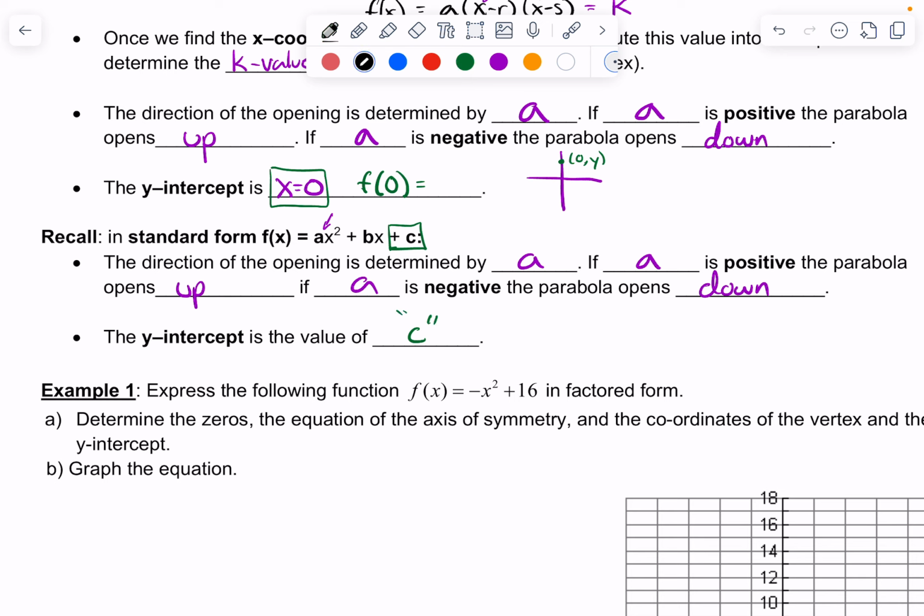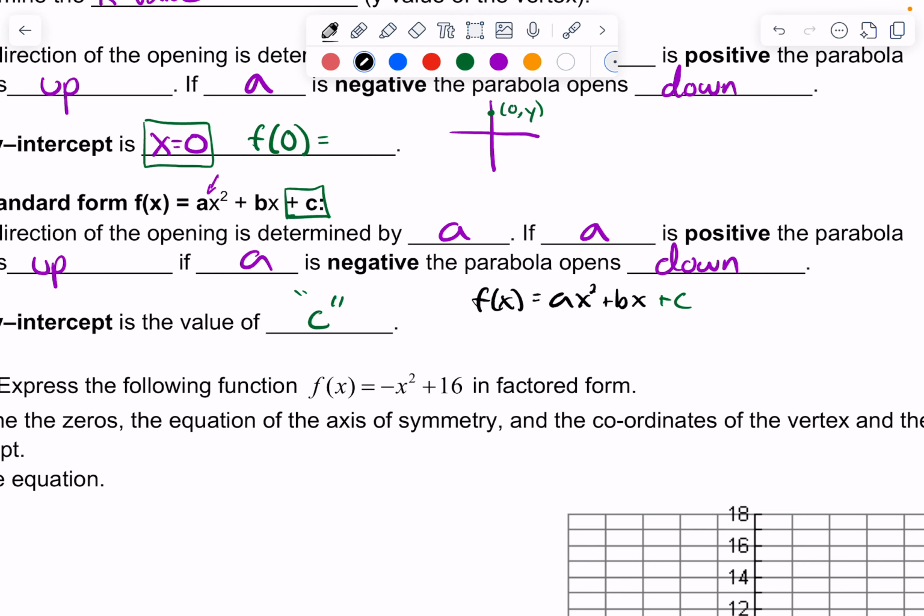And why is that? Well, if you have this function, f of x equals ax squared plus bx, and I'm going to put this in green, plus c, well, the y-intercept is calculated when x is 0, so f evaluated at 0, and that means you'd be substituting in 0 for this x, and for this x right here, and then you'd have that c on the backside.